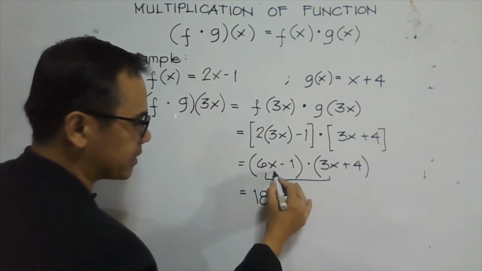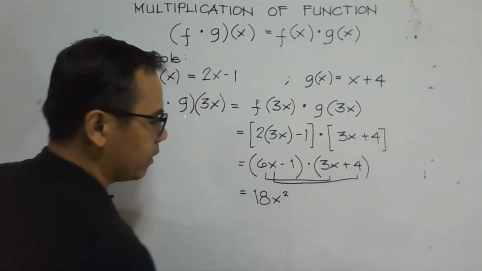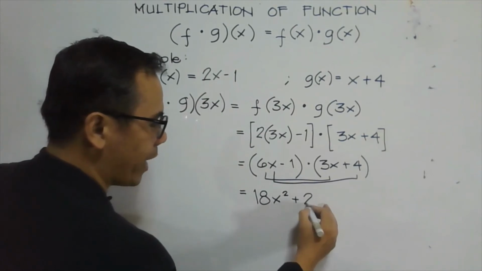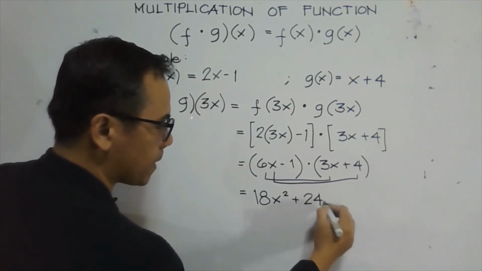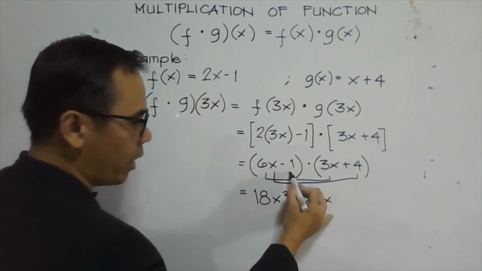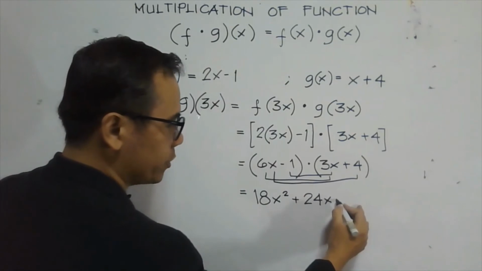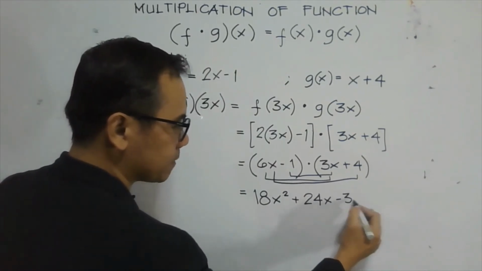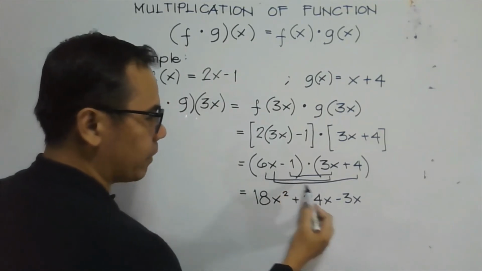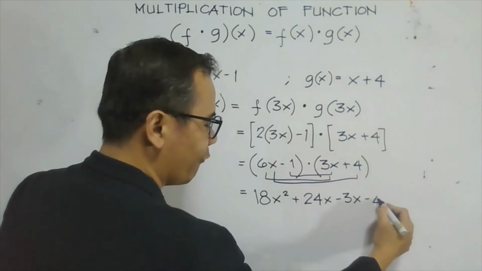And then 6x multiplied by 4 is equal to 24x. And then we have negative 1 multiplied to 3x, that is equal to negative 3x. And then negative 1 multiplied to positive 4 is equal to negative 4.